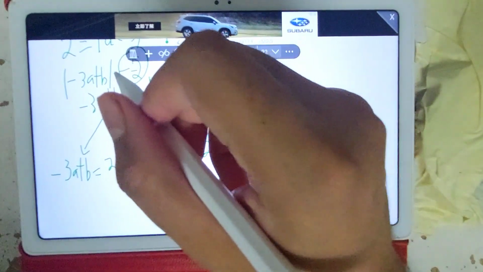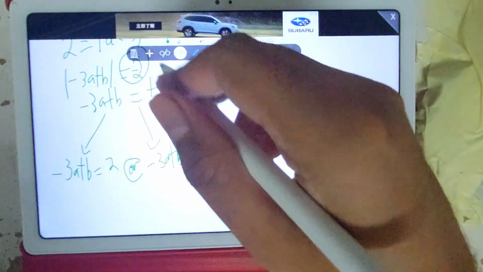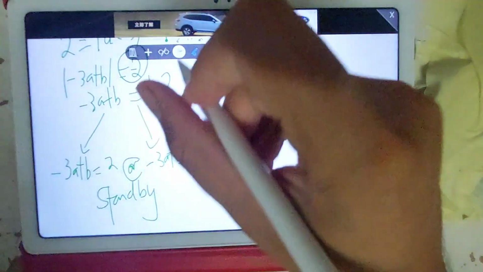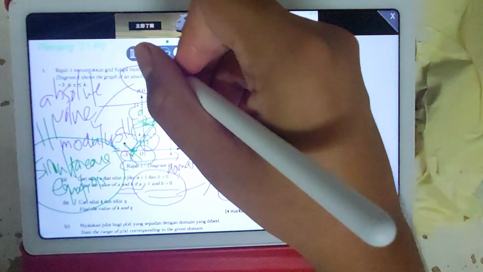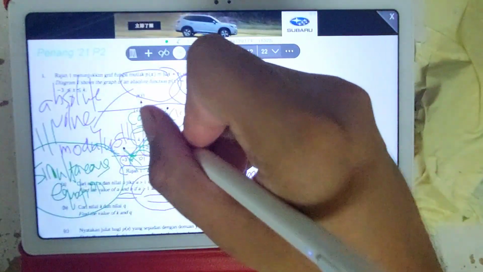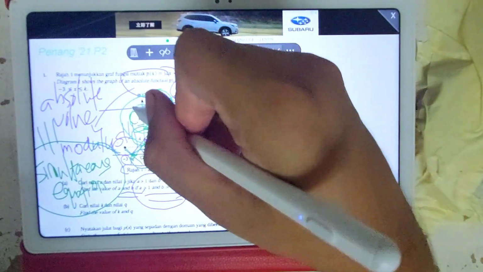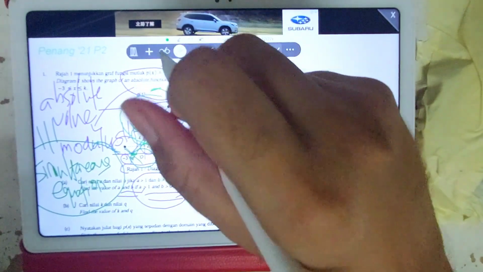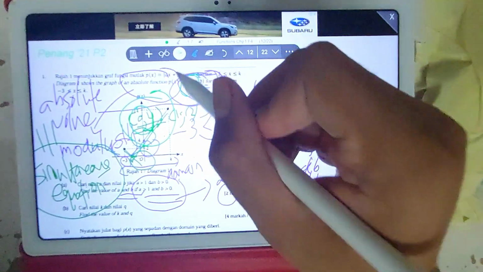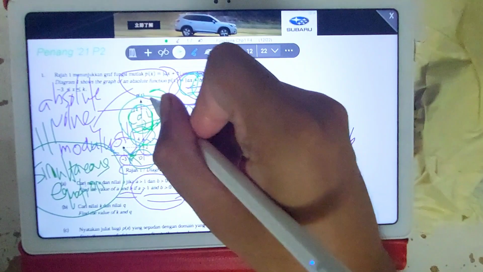So from here we are going to see which one are we going to proceed with. So this one we are going to put on standby first, because we have another equation, and remember the other equation has a 0 in it. You can see over here. So when you have a 0 here on the x function, it's going to eliminate the possibility of having the a value over here, because a times 0 you will get 0 already, and you only have one constant with a value of 4.